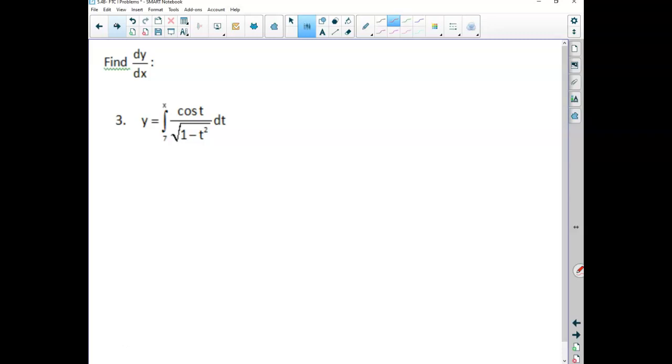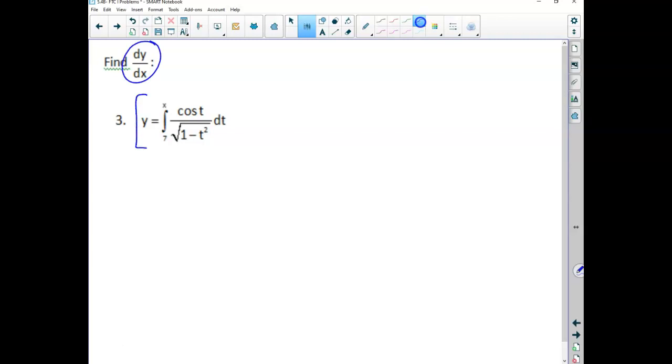If I think about it, it almost looks like some type of arc sine, but it's not, because that cosine on top throws things pretty wonky. But remember, I want the derivative of it.